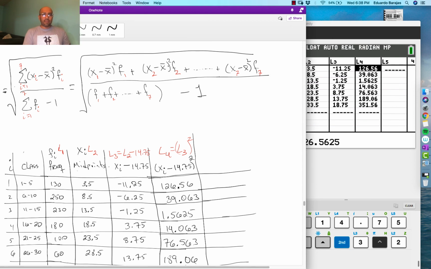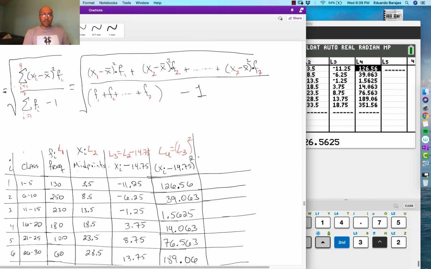Good. And then this one right here, this is x sub 2, the class midpoint of the second class. That's 8.5 minus the sample mean, which was 14.75. Subtract those, square it, and that's how we get to this number. Okay, so the next thing I need to do is multiply each one of those values by the frequency value.